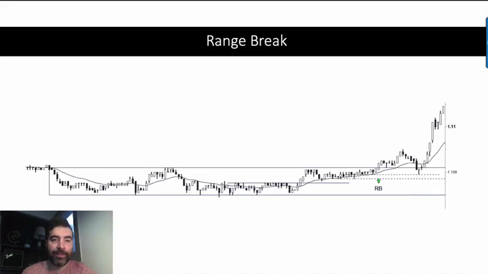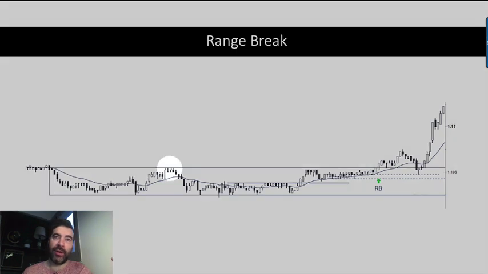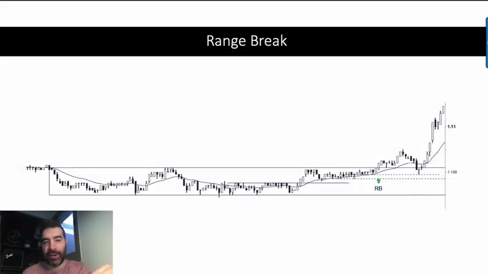Let's go first. So the range break: we understand what a range is. It's when the market is really going sideways, or they call it consolidating, and it makes a bunch of highs, a top, and then it goes down and hits a bottom, and then it makes a top again at the same point and a bottom, and it looks like a big rectangle, as you can see here on the screen.